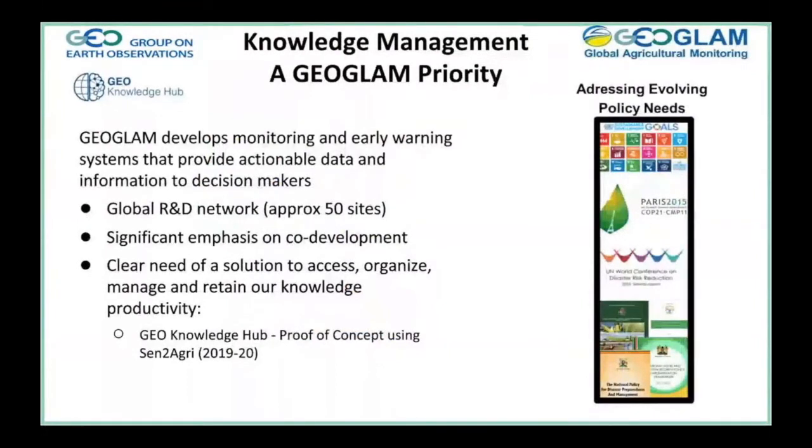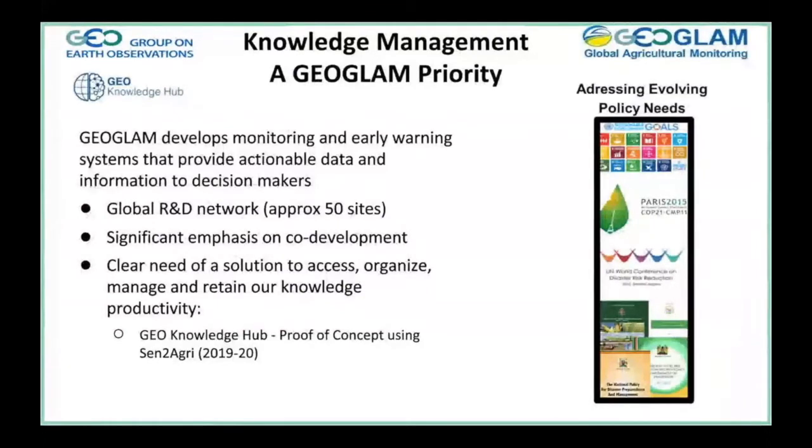This provides actionable data and information to decision makers, international agencies, national agencies, and even subnational in some examples. It's underpinned by that global JCAM research network, producing a lot of peer-reviewed knowledge, with a significant emphasis on co-development, so there's a growing wealth of training materials to support that.